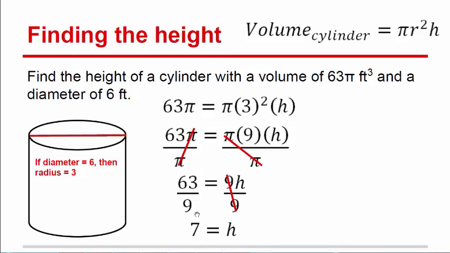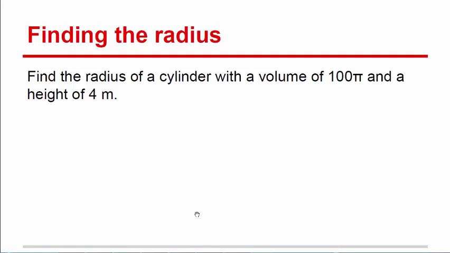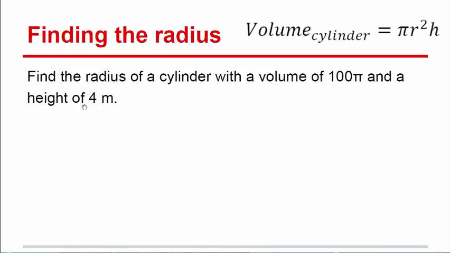Now let's look at another example. This time we're going to find the radius. We're going to find the radius of a cylinder that has a volume of 100 pi and a height of 4 meters. Looking at the equation, we have volume equals pi r squared h.